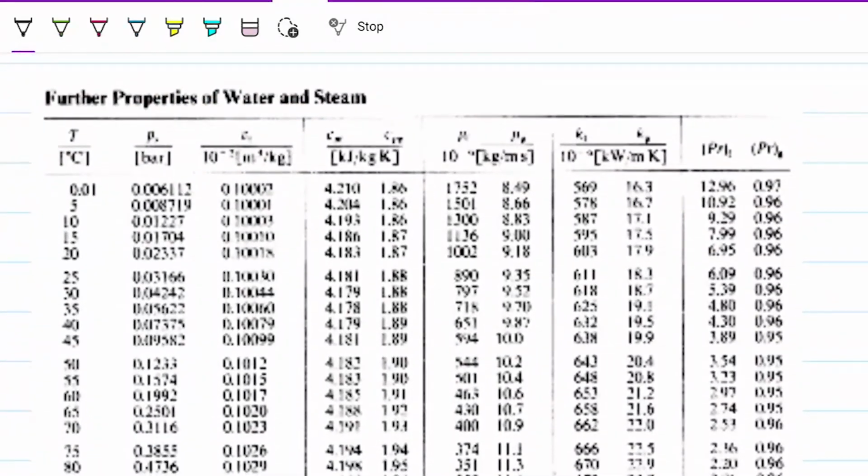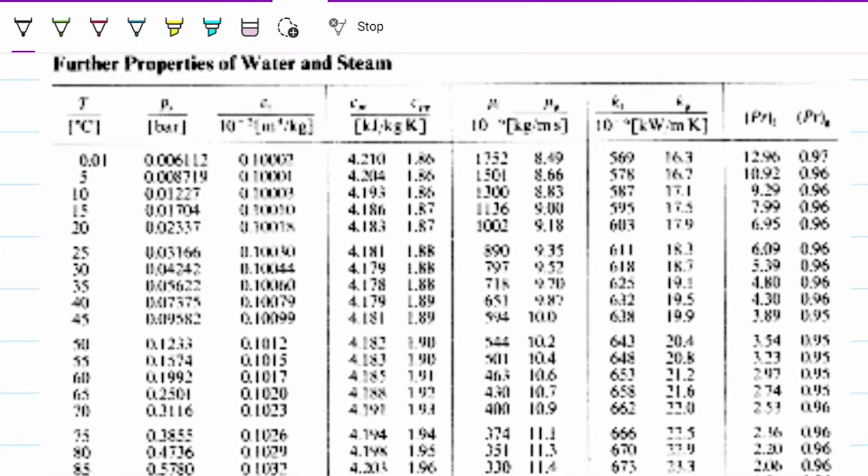And the specific volume I can grab off the property tables, which I know UNSW likes to use, Rogers. This is just a quick snapshot of the property tables, and it's blurry. I'm looking for 25, so I'm over here, looking for a specific volume. Let me read it off my computer because it probably has better quality.